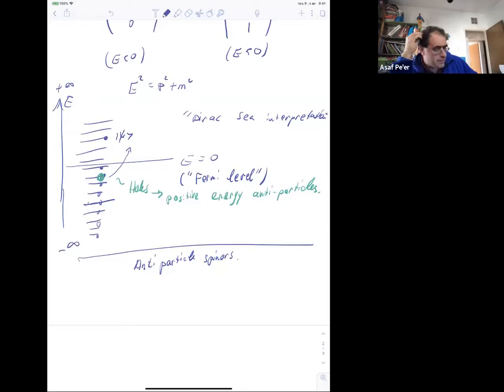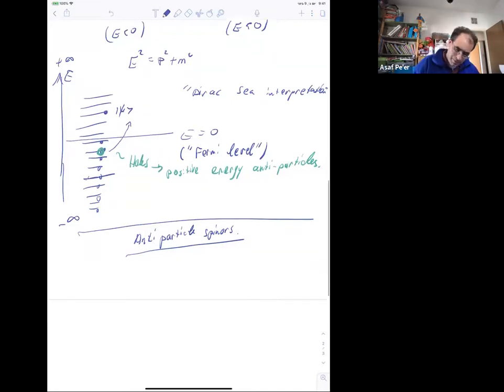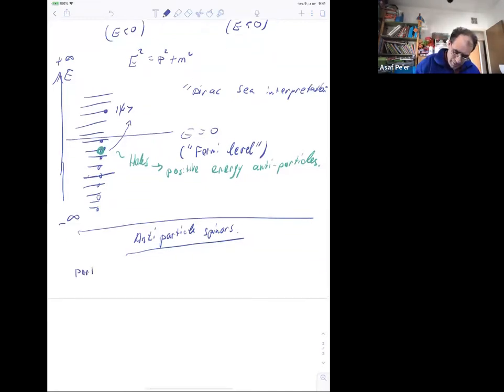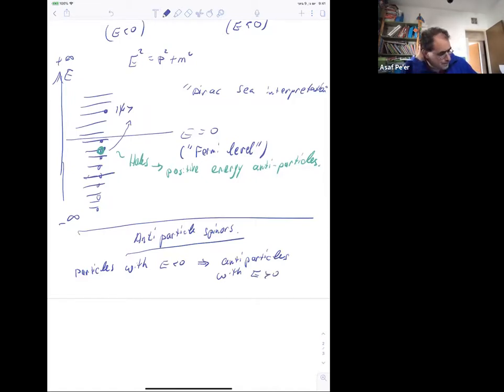So it is much more convenient, rather than working with particles with negative energy, to work with antiparticles, which are written in terms of physical energy and physical momentum. It is better to work with antiparticles with positive energy.